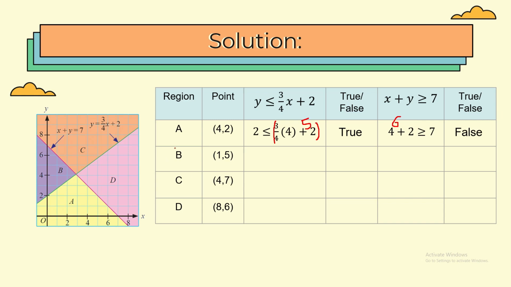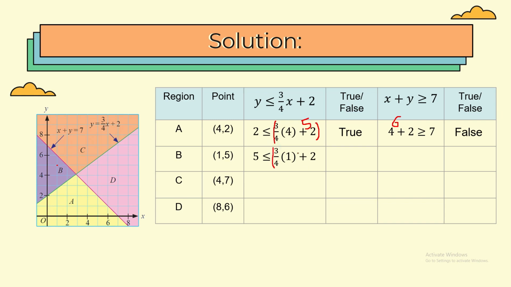For region B, I also pick a point from region B. I use the point (1, 5), around here. Then you substitute the point into the linear inequality, calculate, and determine whether it is true or false.